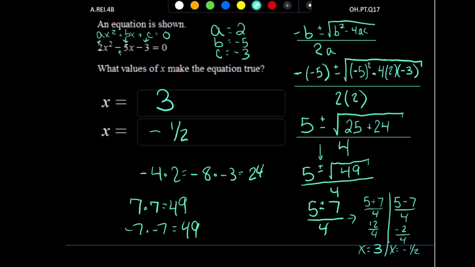I know we all hate showing work, I know we hate it, but take it one step at a time, at least while you're learning it. Once you feel like you've started to master it, then you can kind of not have to show every step. But here, I would show every step. Okay?